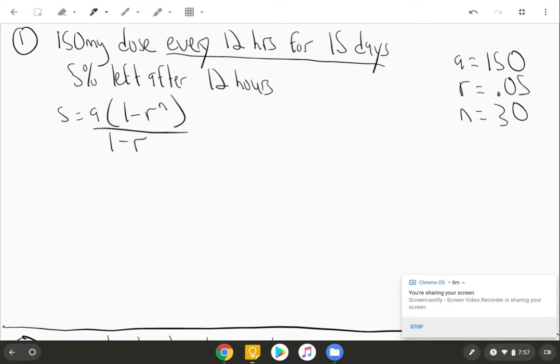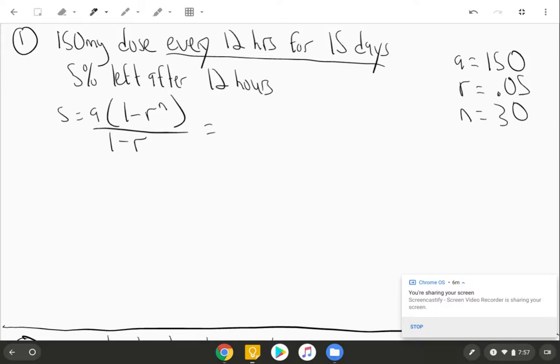So a 150 milligram pill, twice a day for 15 days, means I'm going to take 30 pills over that 15 days. So my A value is 150, my R value is 0.05, and my N value is 30.